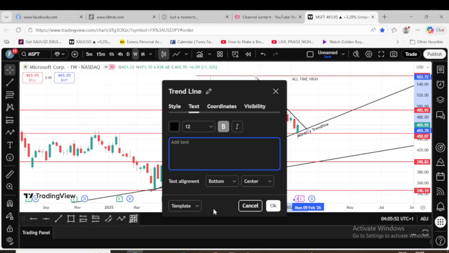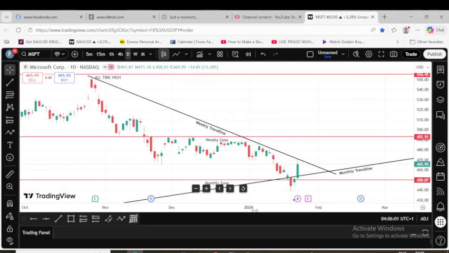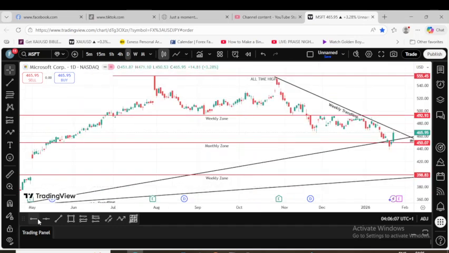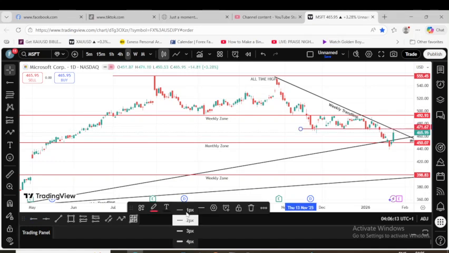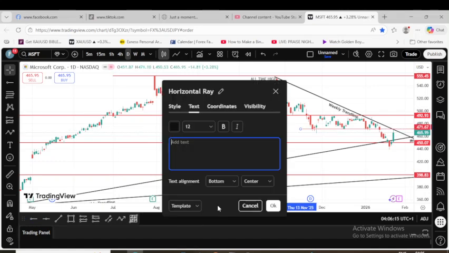Okay, so now let's go down to the daily time frame and let's see what else the market is showing us. Let's identify our daily zones. We have a zone around here. Let me change this to the daily zone.